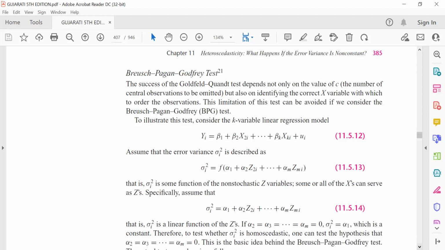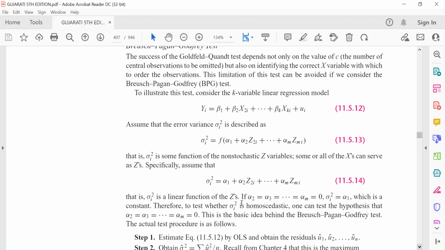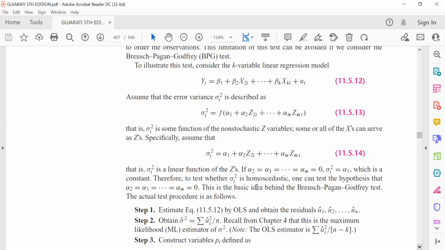So here the null hypothesis: if alpha 2 until alpha m is equal to 0, this means we have alpha 1, and alpha 1 is a constant. If we have alpha 1, this means the model has a homoskedastic equation. Otherwise, if we reject the null hypothesis, this means we have a heteroskedasticity problem in our model.